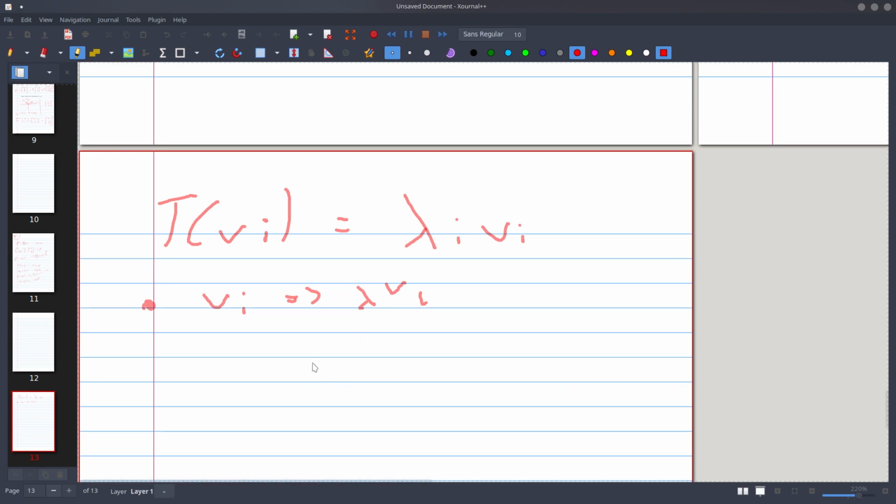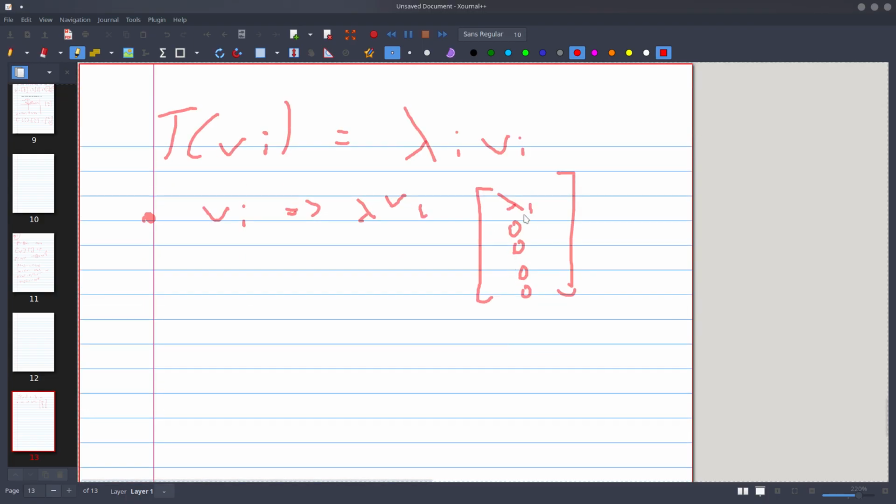And so we found the first column of our matrix A, and it would just be lambda 1, and none of the other basis vectors. And this is the point I was trying to make before. Do you see this? Okay, let me extend this idea. The second input vector is V2, and the output would be lambda 2 V2.